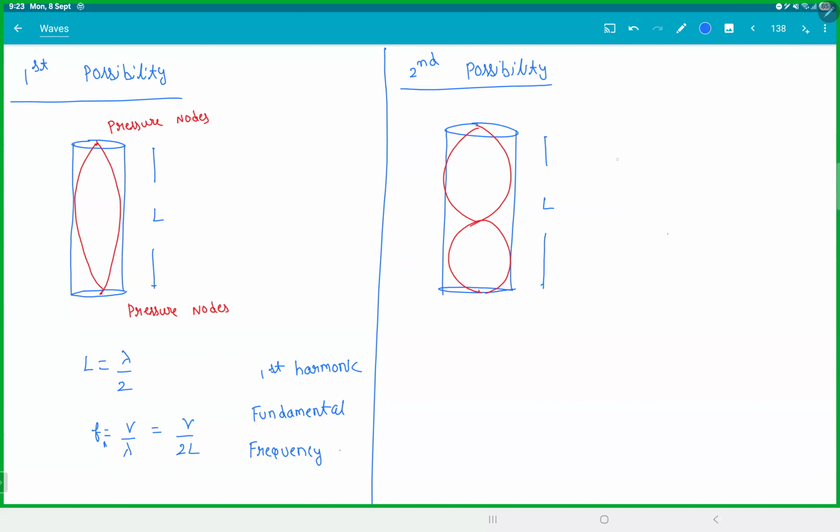So L will be 2 times lambda by 2. We will get F2, which is 2 times V by 2L, which is 2F1. Second harmonic or first overtone. You can't tell any difference. Matlab, if I just show this equation, you can't tell the difference.